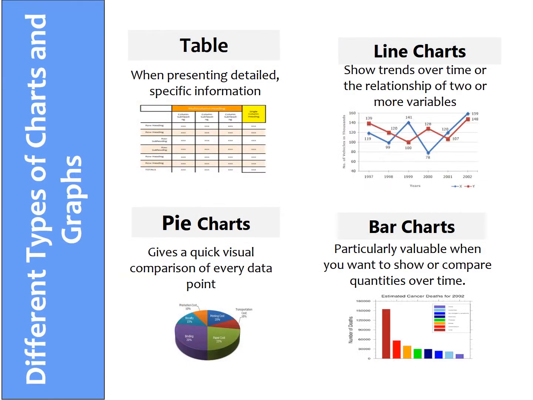Now in this particular slide, we are looking at different types of charts and graphs. The first one is the table. When you have to present detailed, specific information, choose a table, because as you can see in this slide, it is a systematic arrangement of data in columns and rows.